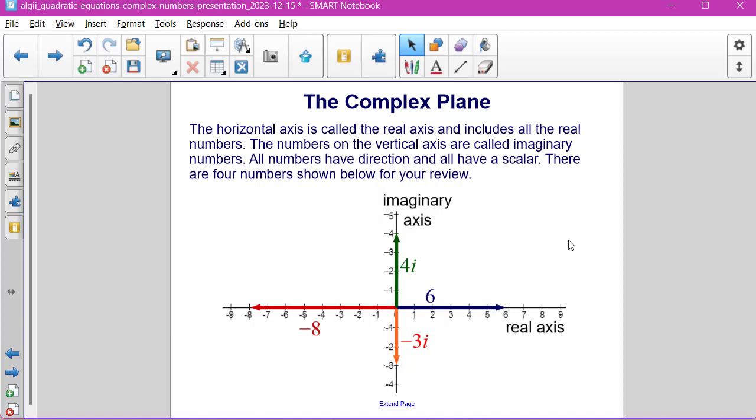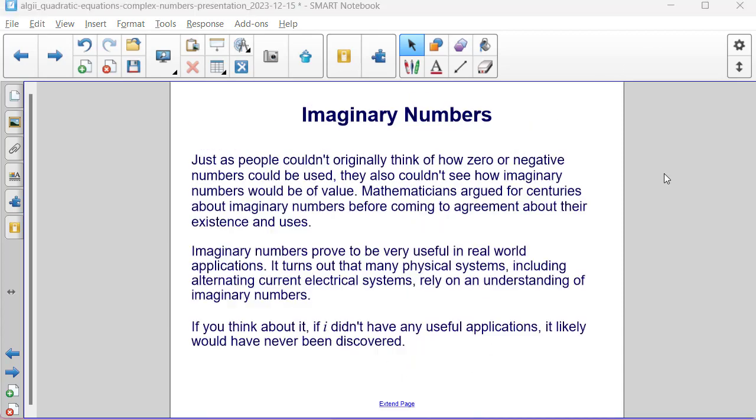All the numbers have a direction and a scalar, and 4 examples are provided in the complex plane below. We have 6 traveling positive along the real axis. We have -8 traveling in the negative direction on the real axis. We have 4i traveling upward on the imaginary axis, and we have -3i traveling downward on the imaginary axis.